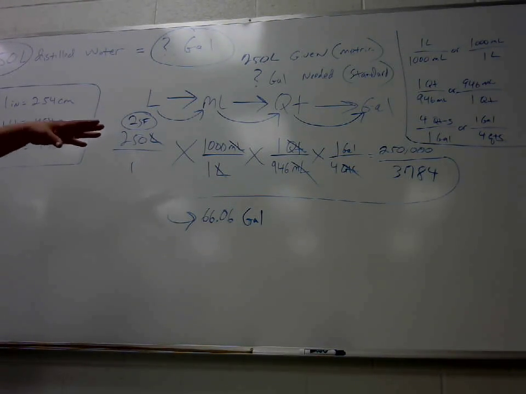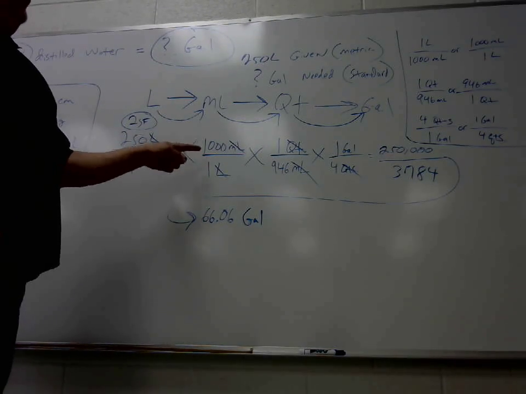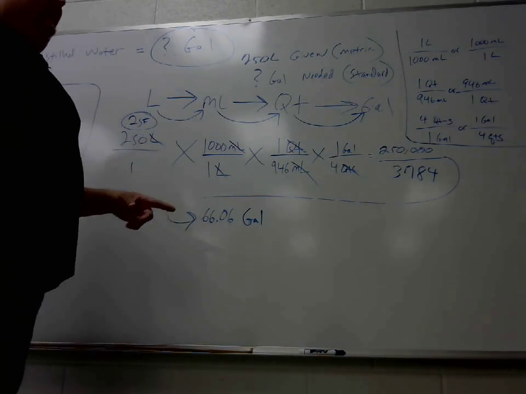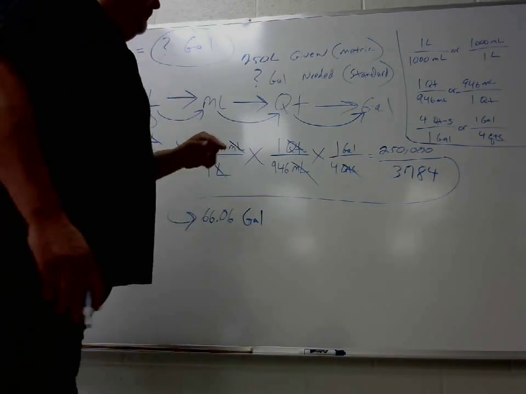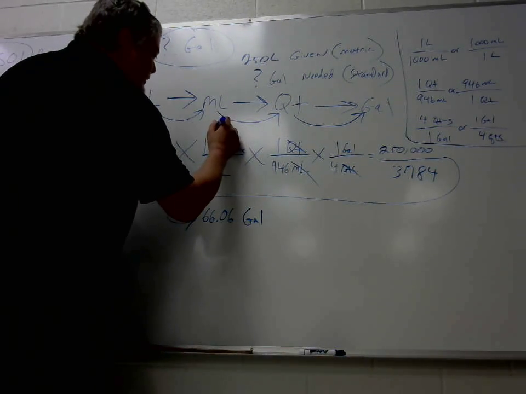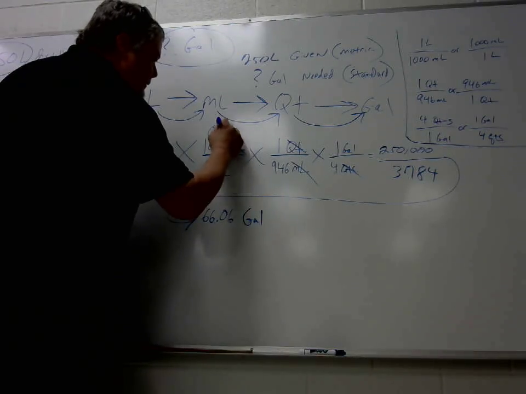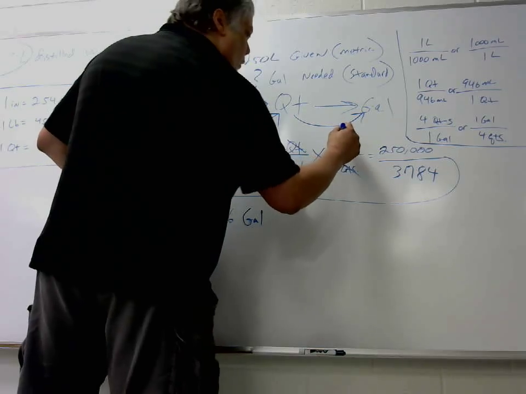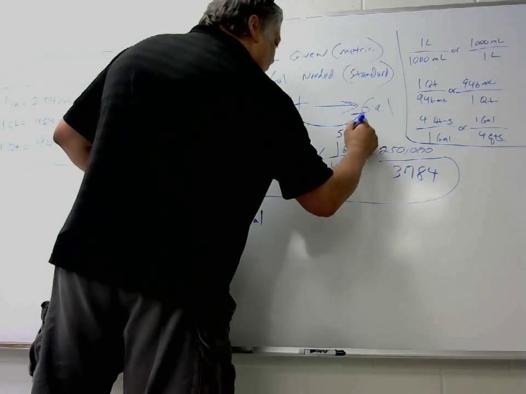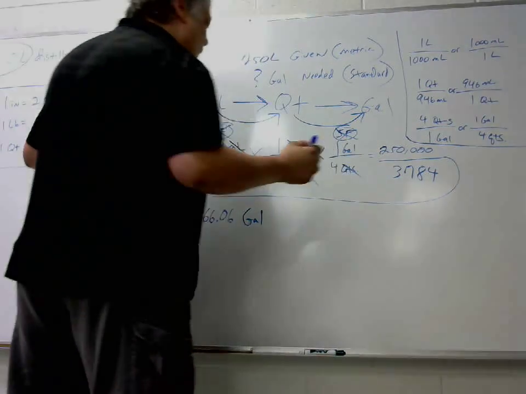There's no margin for error. We know that exactly 1,000 milliliters equals 1 liter, and exactly 4 quarts equals 1 gallon. So we don't consider these significant figures on any of the metric to metric or standard to standard conversions. Those don't count.